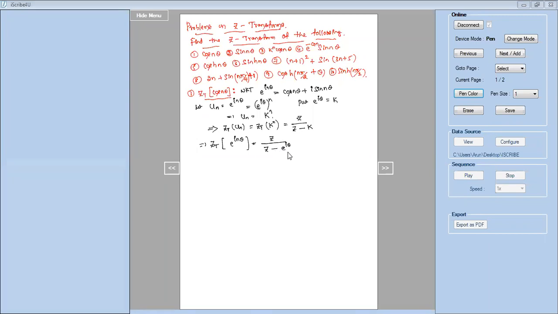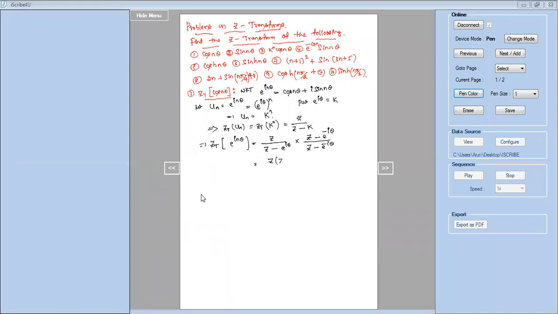So let us multiply and divide this quantity by z minus e power minus I theta, like this. Right? So I'll take the conjugate of this one and multiply and divide by z minus e power minus I theta. So that we get the numerator.